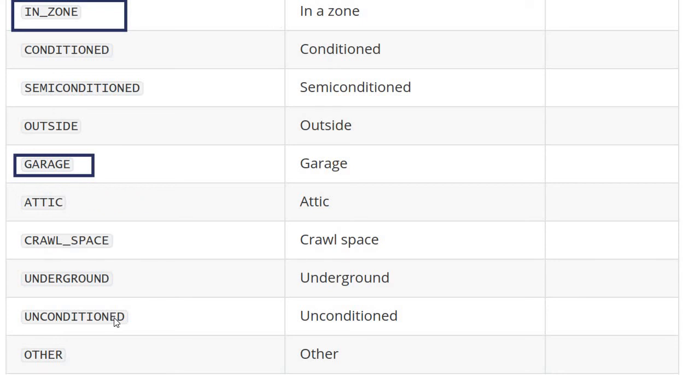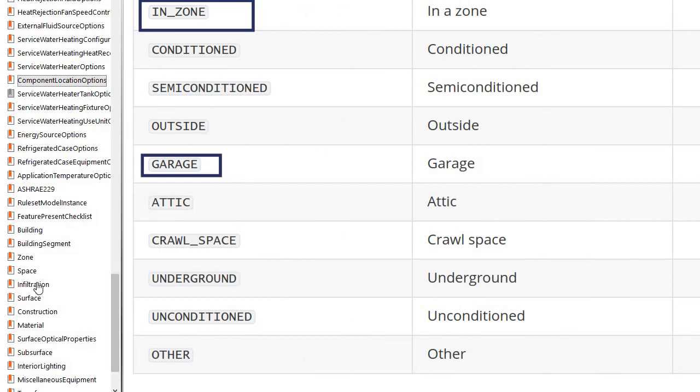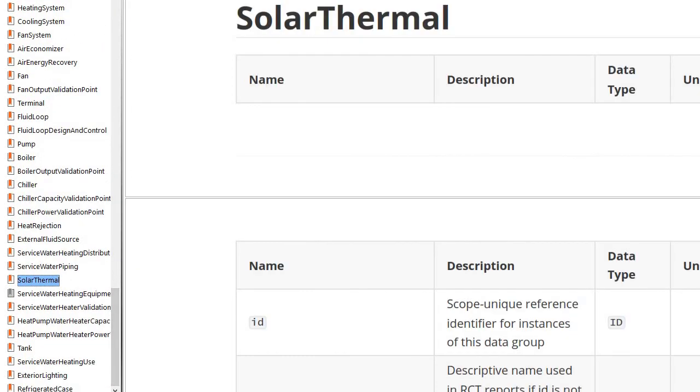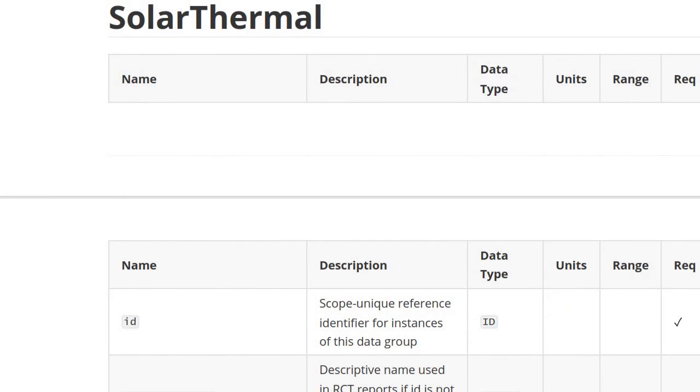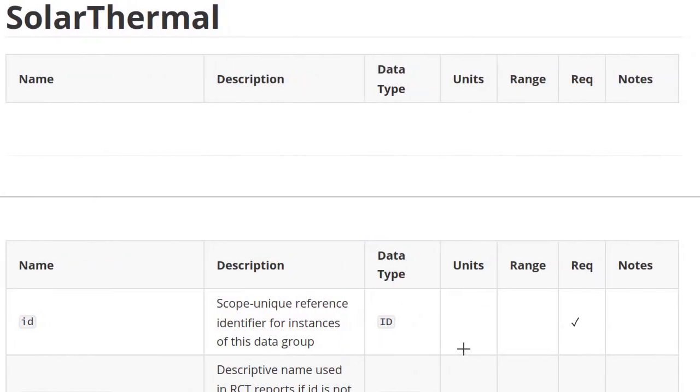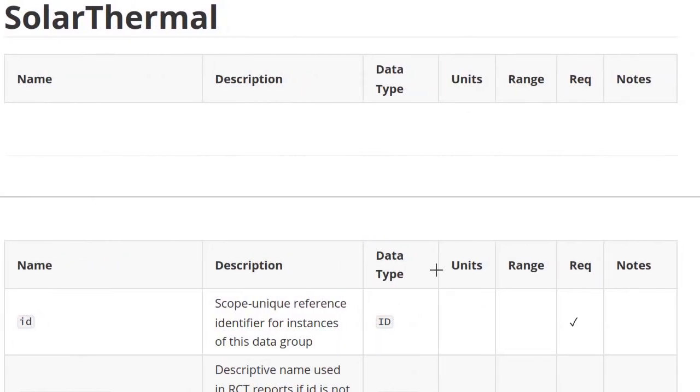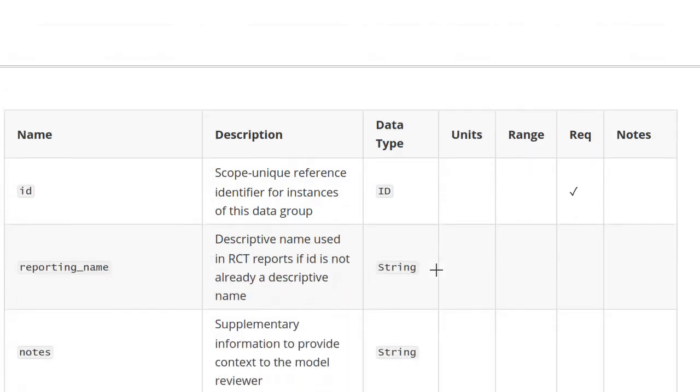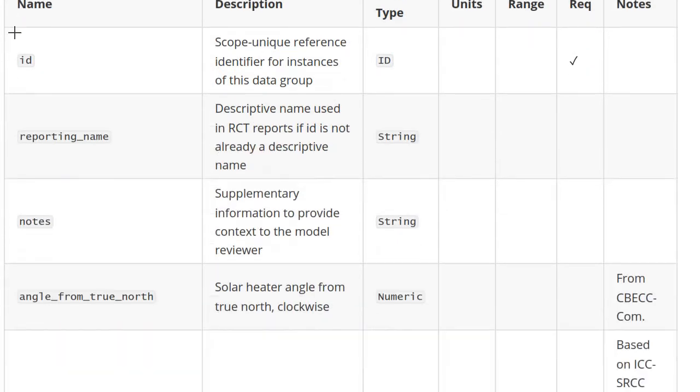So the next data group that we're talking about is SolarThermal. And for those of you that are focused on 90.1, you'll know that there is currently no requirements for any kind of SolarThermal, but there are in other standards, I believe in Title 24 Residential.